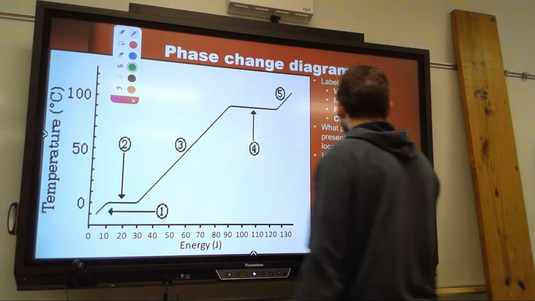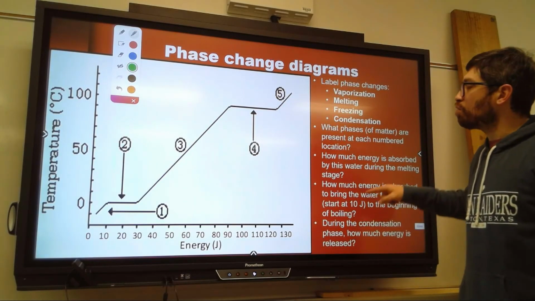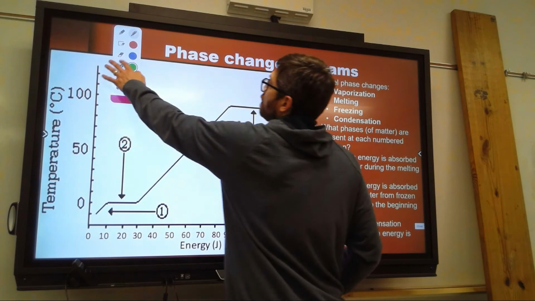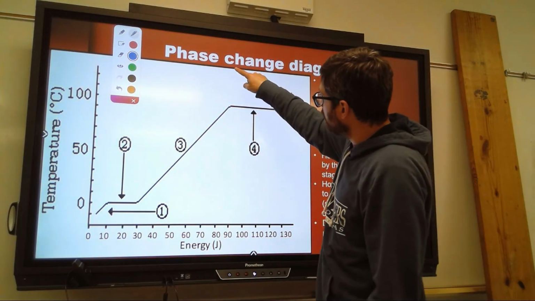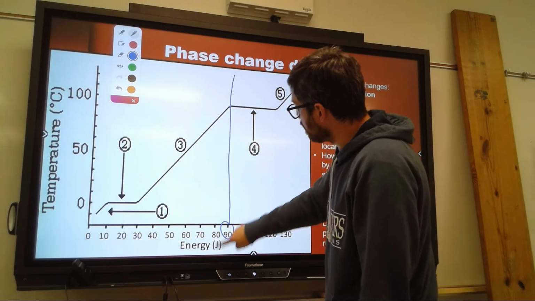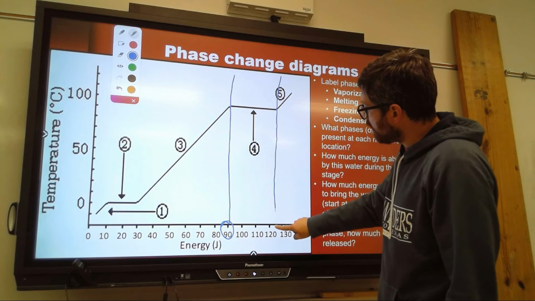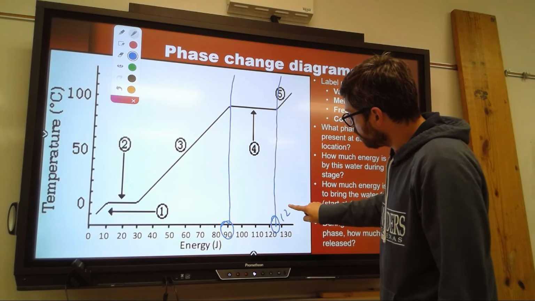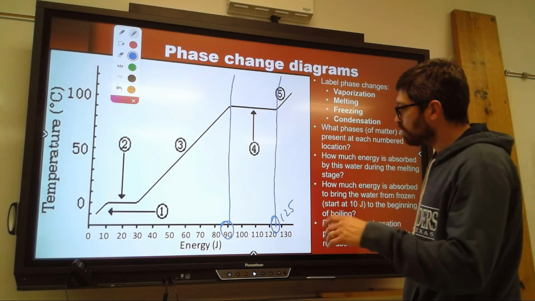Question number 3, it says during the condensation phase, how much energy is released? We've got to know where the condensation phase is. It's up here at number 4. At the beginning of condensation, I'm going to say that's at 90. Go all the way through condensation, and we end up at, let's say, 125 right there. All right, close enough-ish.